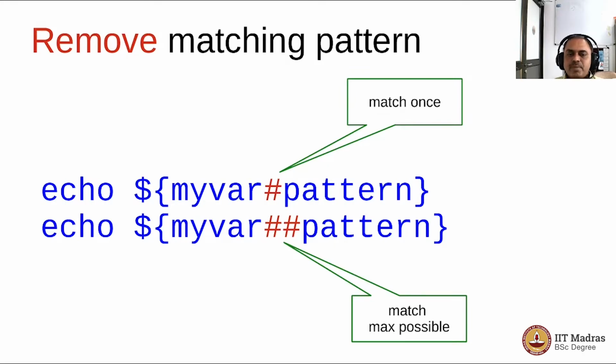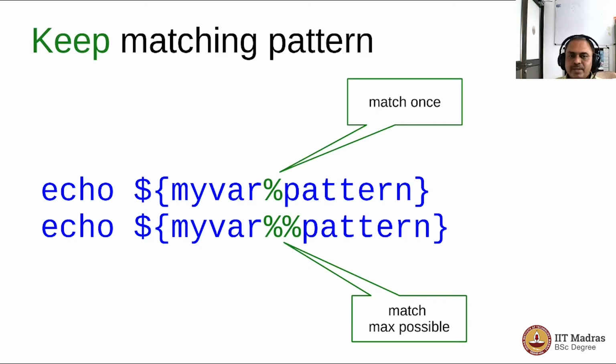If you use the pound symbol twice, it means that the pattern matching will be done as many times as possible within the value of the variable, and if it is used once, it means that the pattern matching is done only once. So whatever is matching the pattern will be removed and the rest of it will be displayed on the screen.